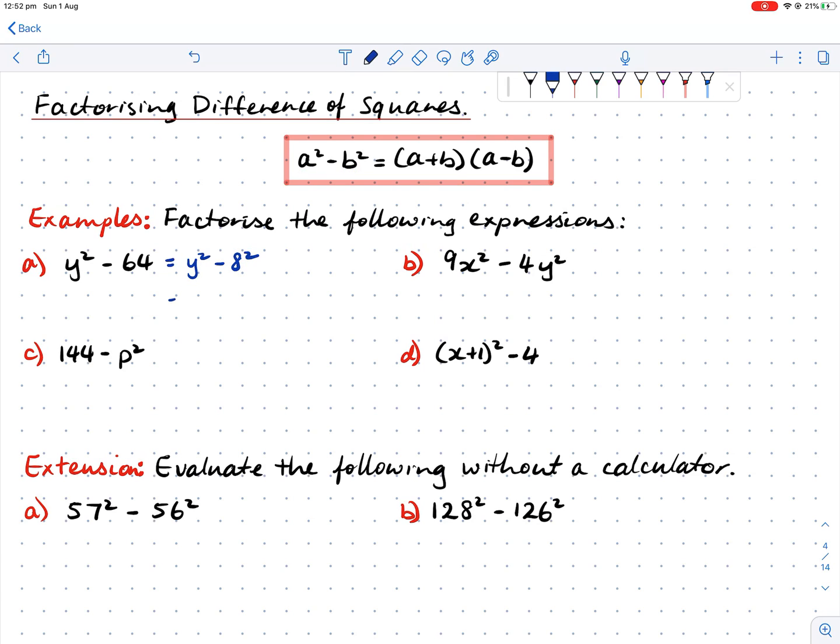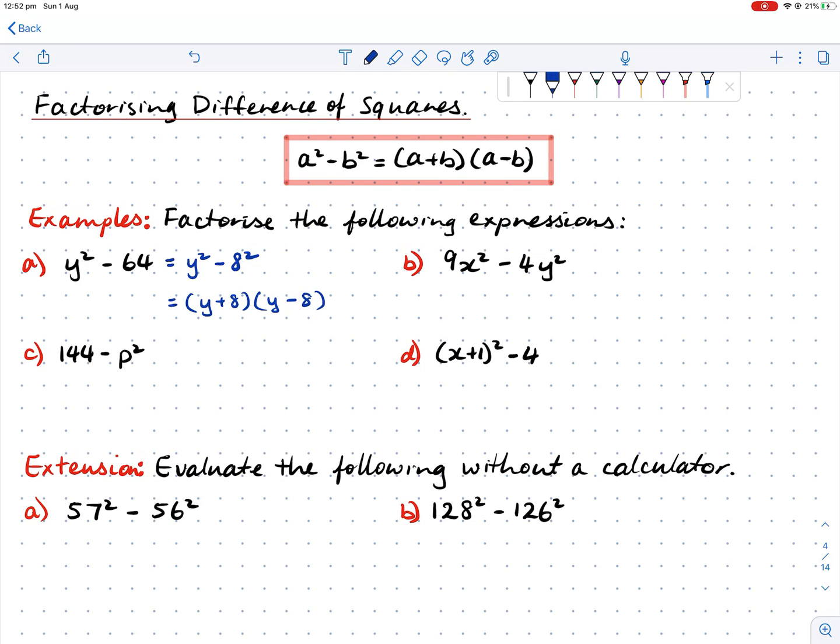We can write out our double brackets: y and 8, y and 8. One of them is going to be positive and one negative. Rather than having to find other methods, and later we'll look at other strategies we can use to factorise these, we've actually got this shortcut.